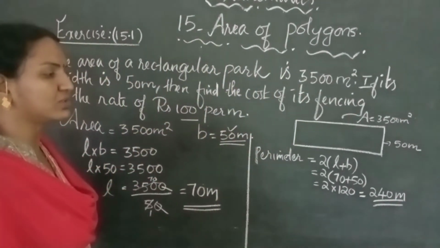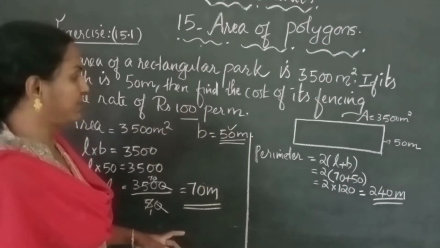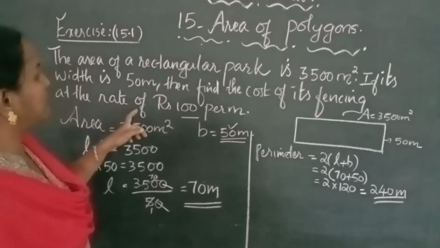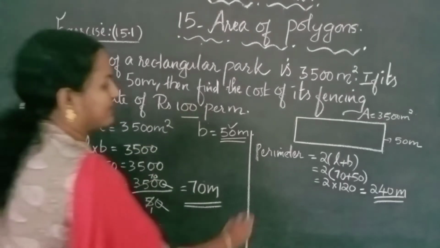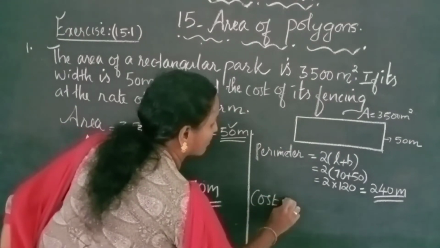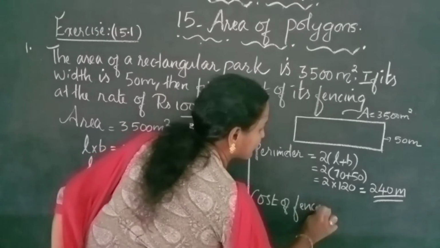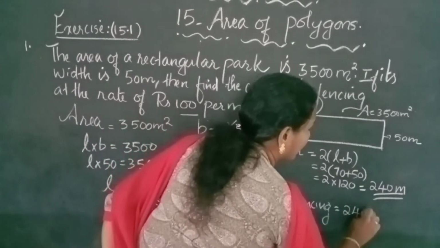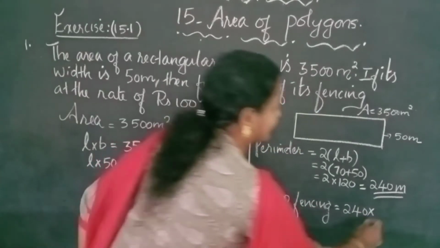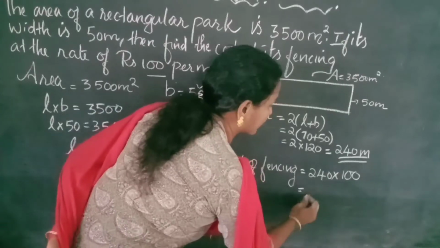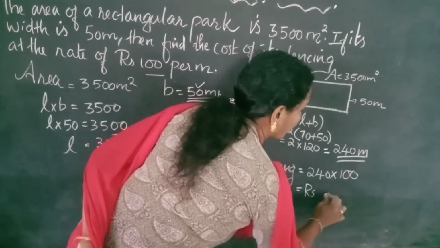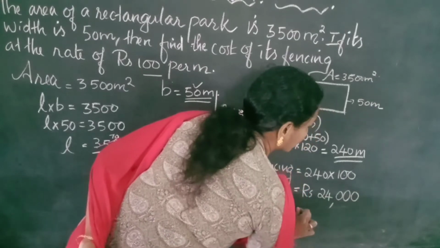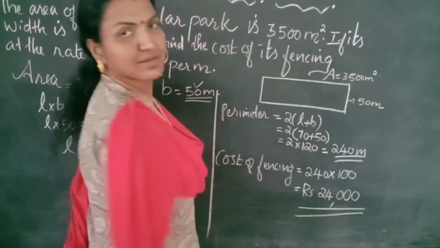So perimeter is equal to 240. Then the cost of fencing at the rate of rupees 100: cost of fencing is equal to 240 into 100, which is rupees 24,000.